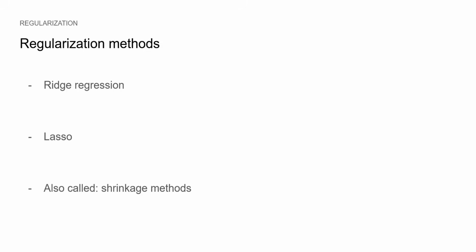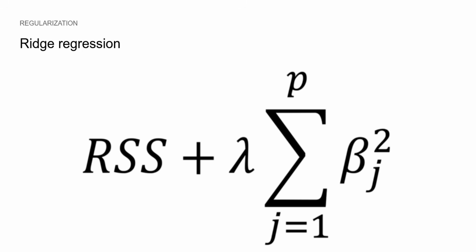It will help us decorrelate our model to prevent overfitting. Here we will discuss ridge regression and lasso. Note that these methods are also called shrinkage methods. We know that traditional linear fitting minimizes the RSS, the residual sum of squares. With ridge regression, we add another parameter to the optimization function.